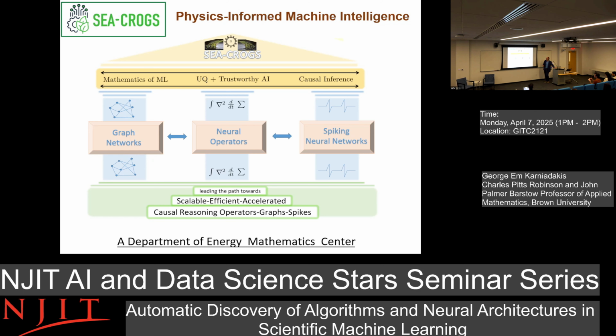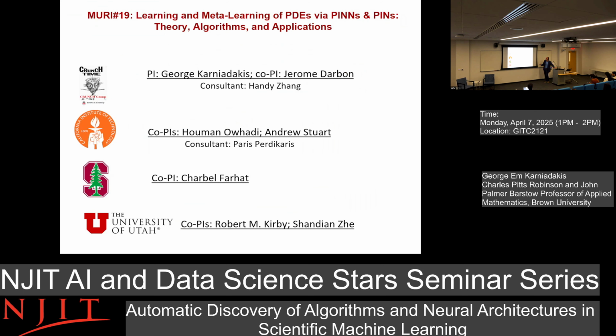And you see there what we emphasize is neural operators, graph networks, and spiking neural networks. As I said, this is one of my current areas of work. And also I have a MURI that I direct, which unfortunately is ending this year. And this was used to develop physics-informed neural networks and algorithms, applications, and so on.